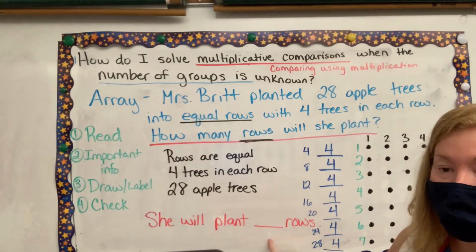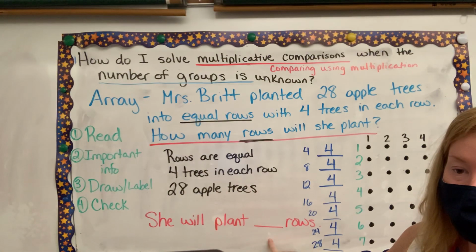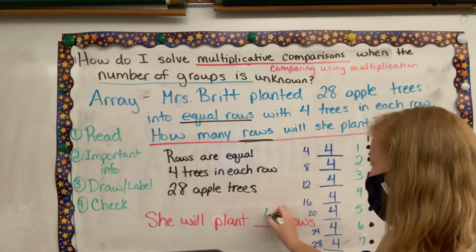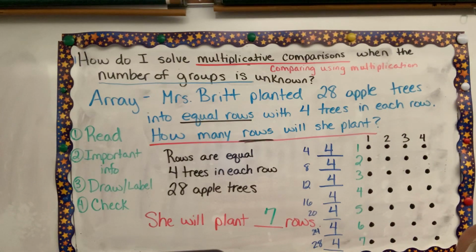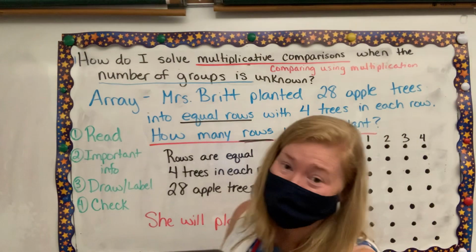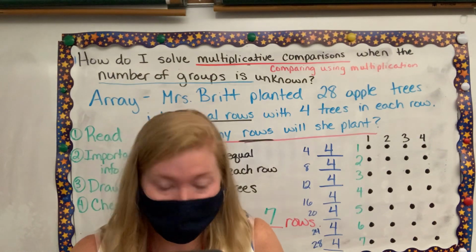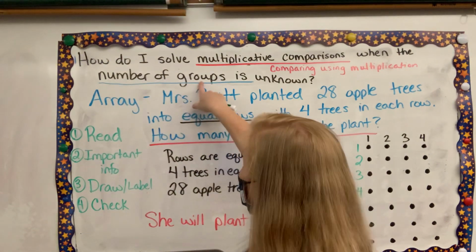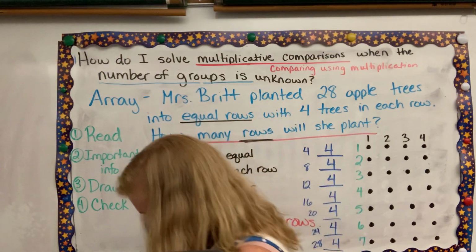Jason, how many rows am I going to plant? 7 rows. Now I need a multiplication or a division equation. Remember, my number of groups is unknown.